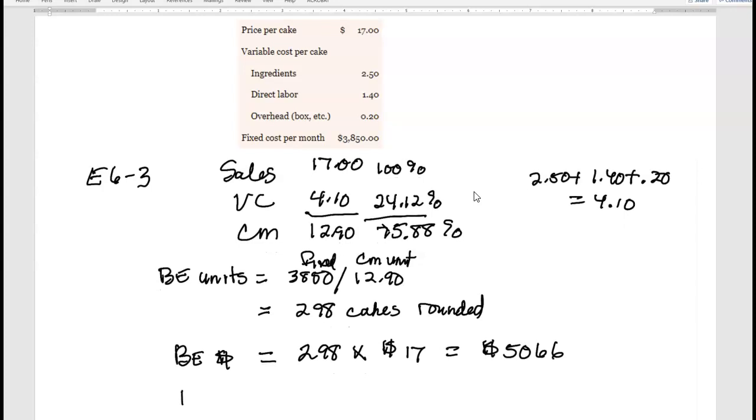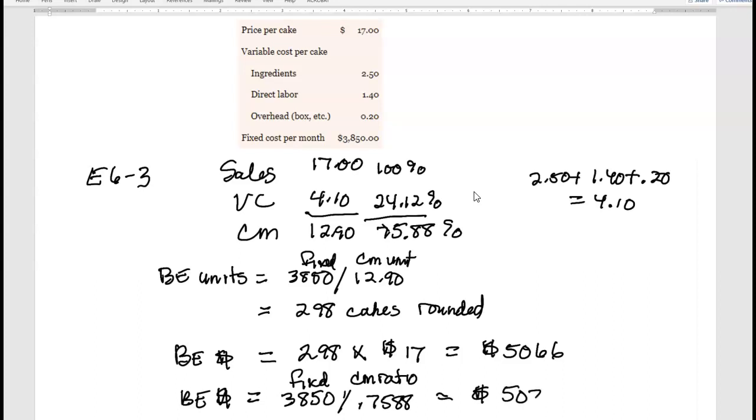I can also calculate break-even dollars by taking my fixed 38.50 divided by the CM ratio of 0.7588, and I will come up with 5073.80 break-even dollars.